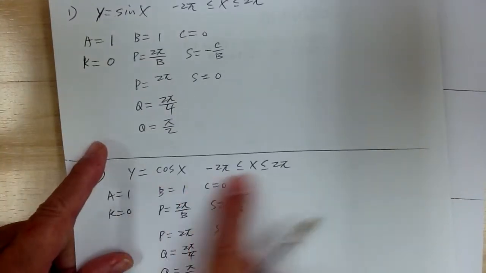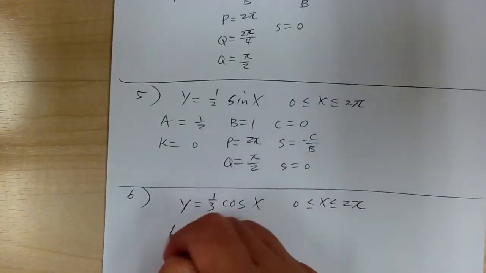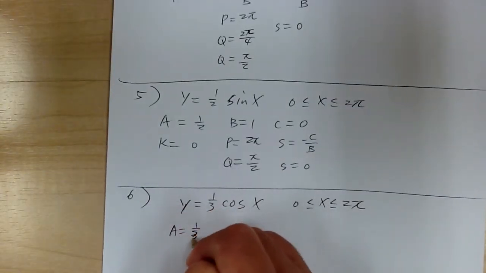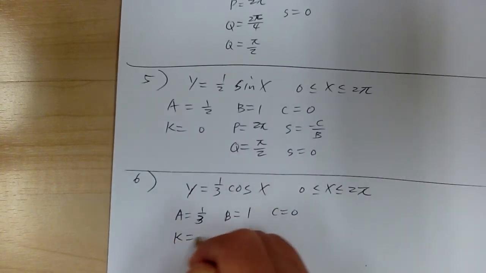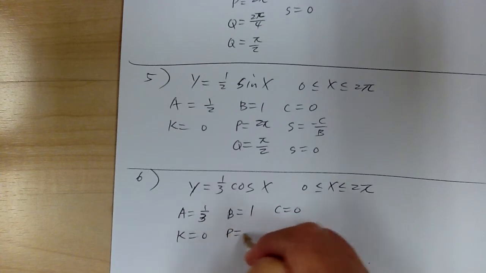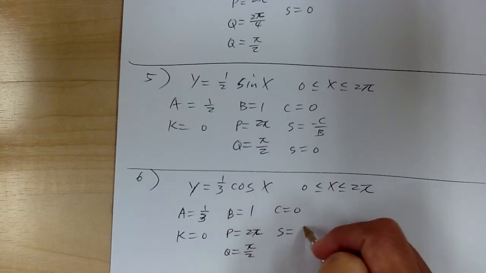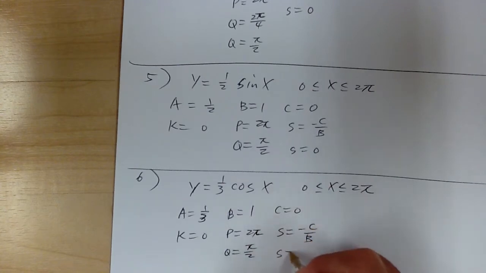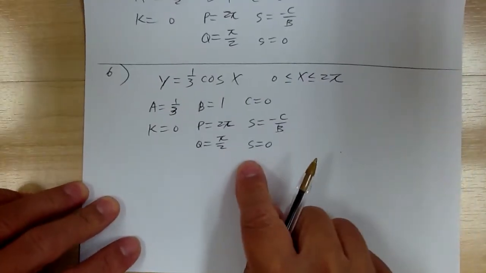See number 2 over here, everything is the same except the a is 1/3, right? So a equal to 1/3, b equal to 1, c equal to 0, k equal to 0, and period equal to 2 pi, and q equal to pi over 2, and shift equal to negative c over b, so shift equal to 0. Okay, so that's all the information for number 6.